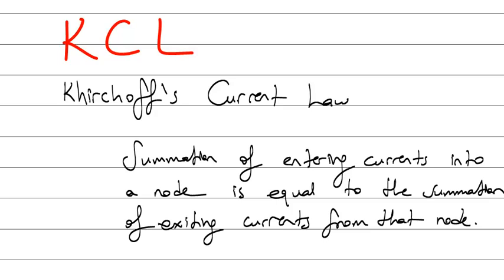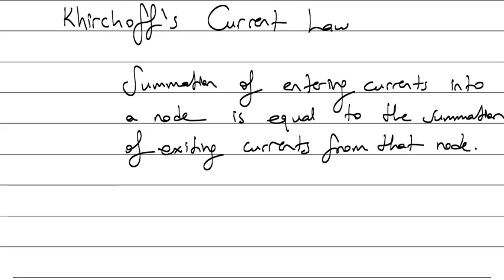A node is the intersection point of components. For example, assume there are two components. These two components are connected on that point. Let's say the current of that component is I1. The current of that component is I2.